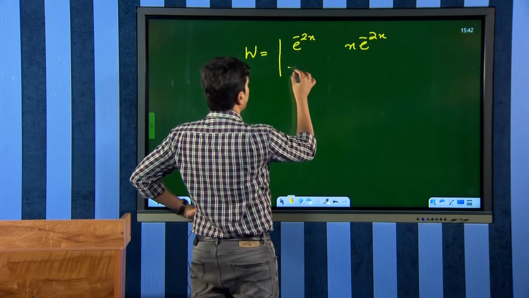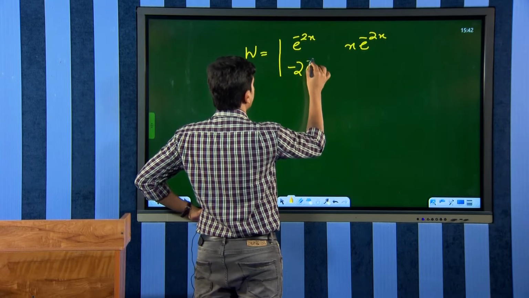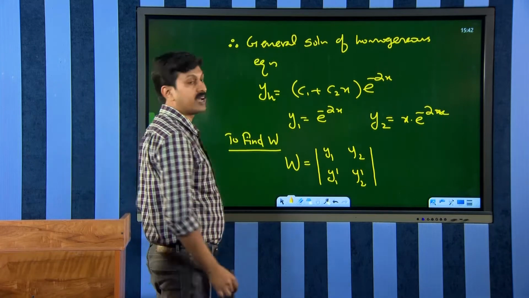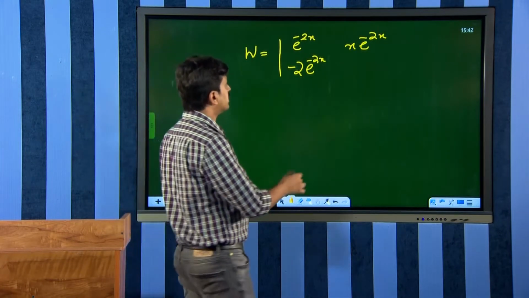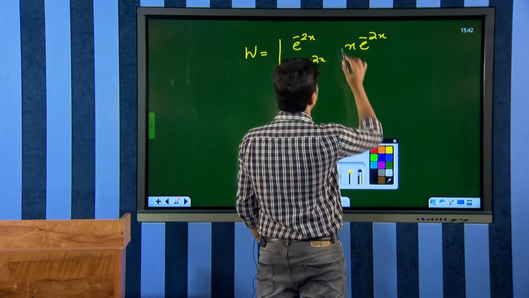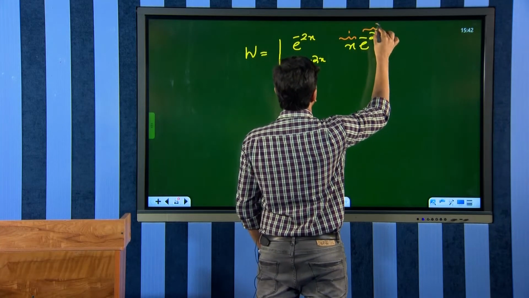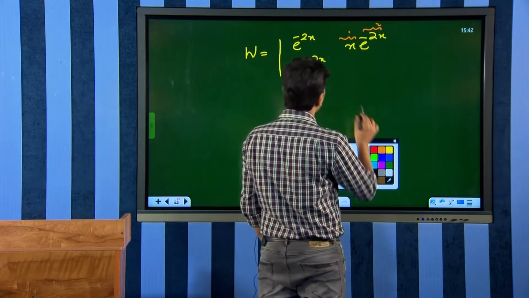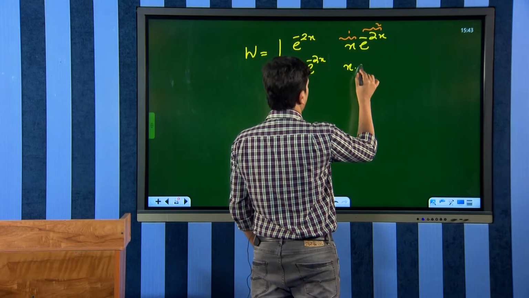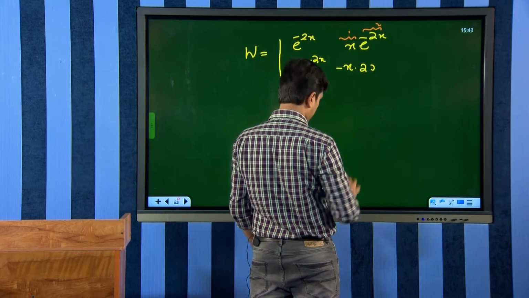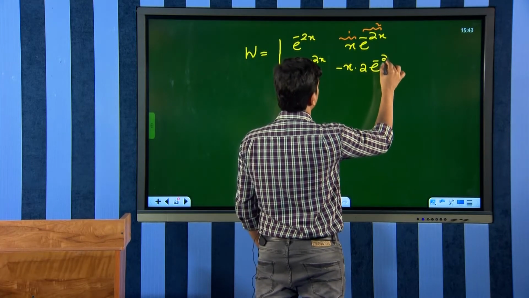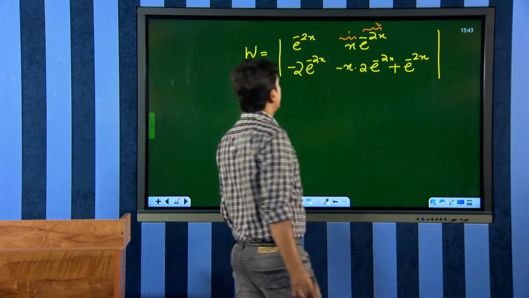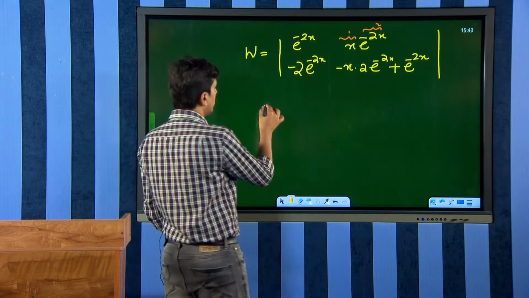The derivative of y1 is -2 e^(-2x). For y2 dash, we consider x as the first function and e^(-2x) as the second function. So y2 dash = x into -2 into e^(-2x) plus e^(-2x).